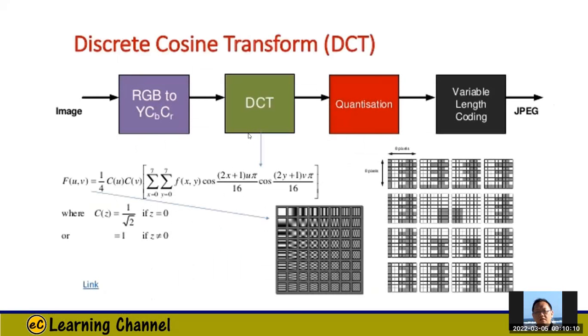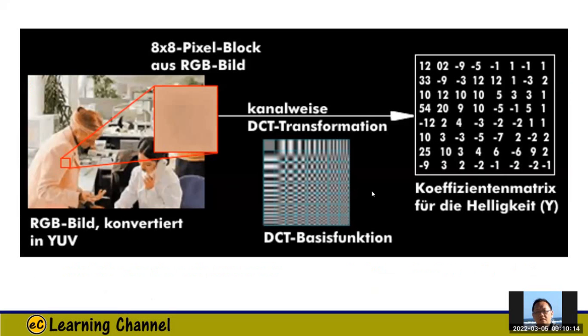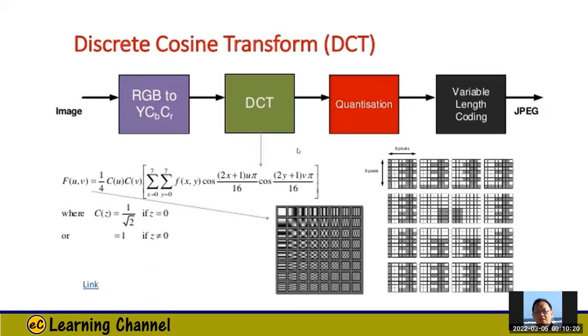Let's look into the spatial domain. In your image, in your picture, you have something like that as well. We call it spatial, but it's two-dimensional. You should see the DC term over here.